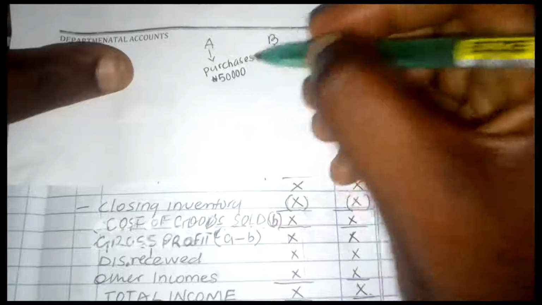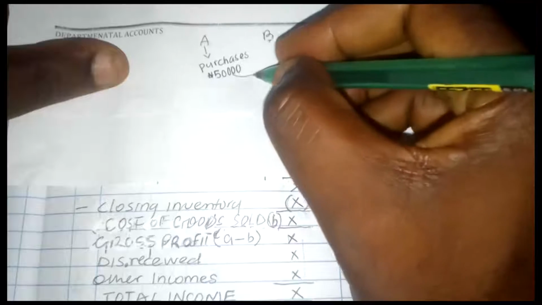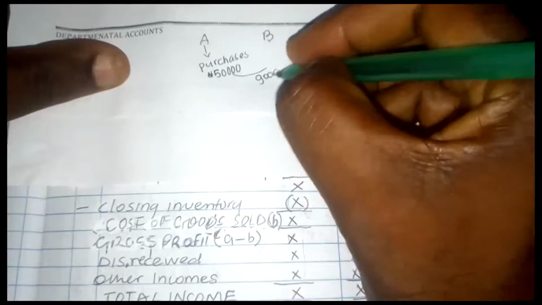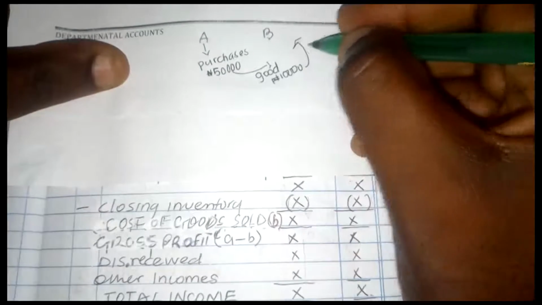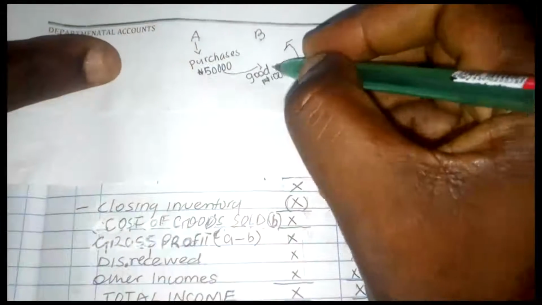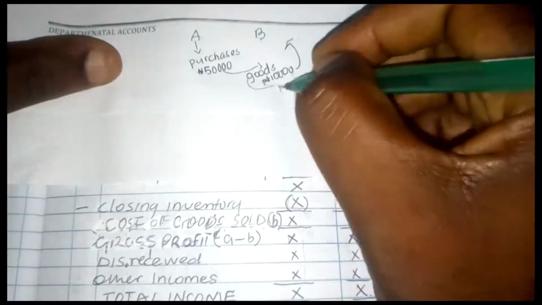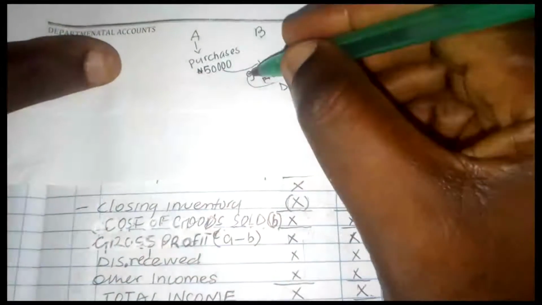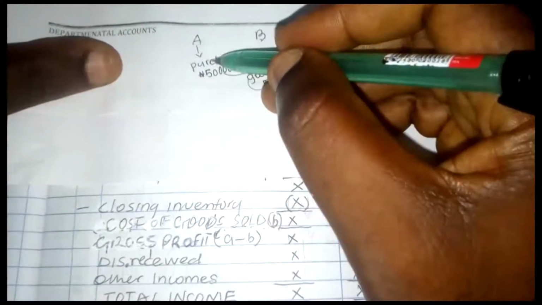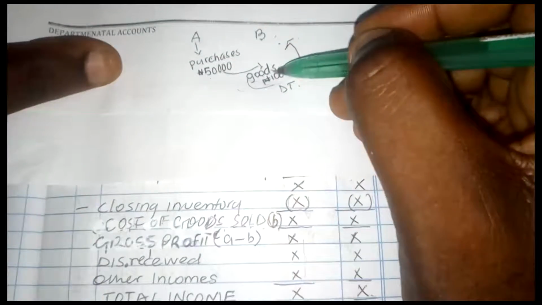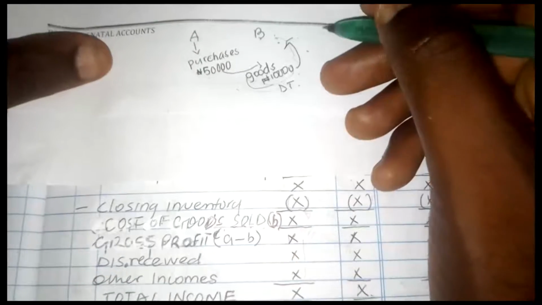Now, out of the purchases of Department A, the departmental manager took goods worth 10,000 naira to Department B. The goods taken from one department to another department, part of the purchases of a department taken to another department, is called interdepartmental transfer.